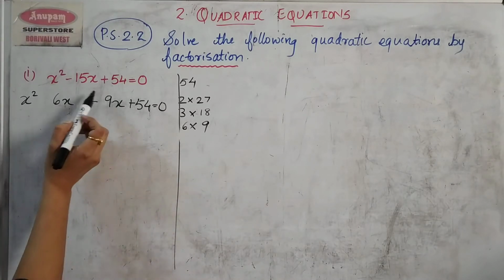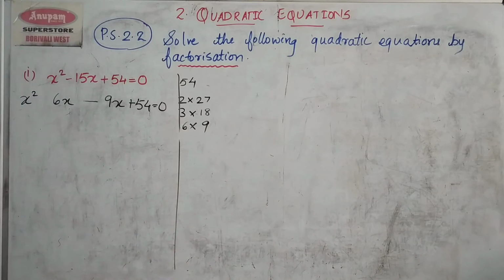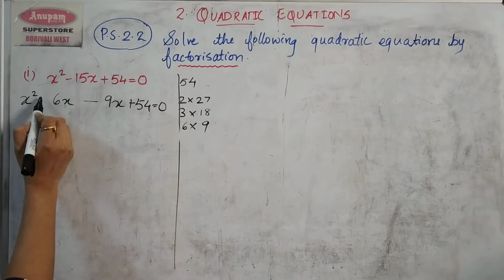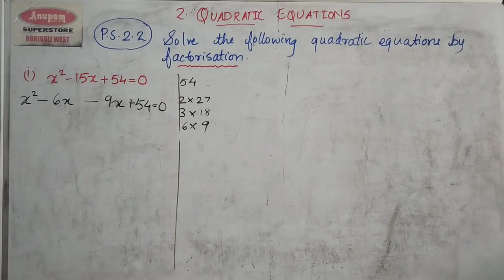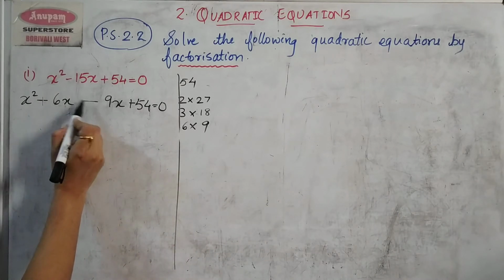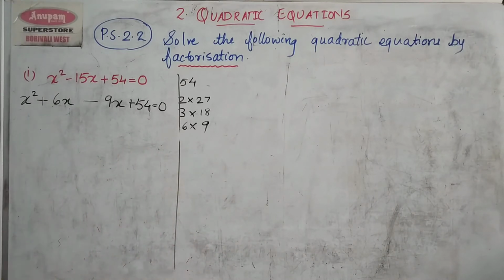Yes. Now if I want minus 15 here, children, then minus into minus will give me plus. So 9 plus 6 will give me 15, right? If I could have put minus here, then what will happen? Minus into plus will become minus and you'll have to subtract 9 and 6, which will give you 3, and you will not get this answer.